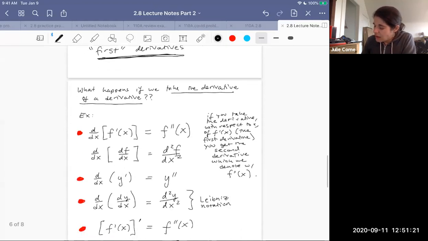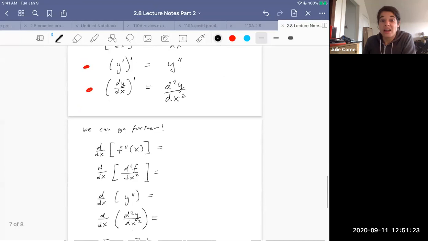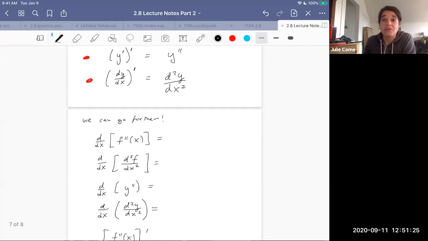Now, we don't actually have to stop at second derivatives either. Imagine, what if we take the derivative of a second derivative? Well, guess what we're going to get? We're going to get the third derivative. So we can run through these pretty quickly. The derivative with respect to x of f double prime of x is going to be f triple prime of x. The derivative with respect to x of d squared f over dx squared, so that weird notation, the pattern continues.